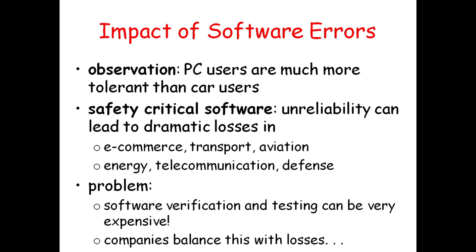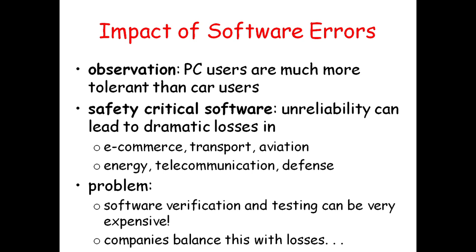So in general, in safety critical software, unreliability or bugs can lead to dramatic losses. For example, software errors in e-commerce, transportation, aviation, energy, telecommunication, and defense can be catastrophic. In critical systems, either human lives or huge amounts of money are involved.